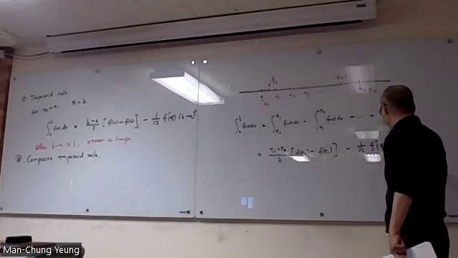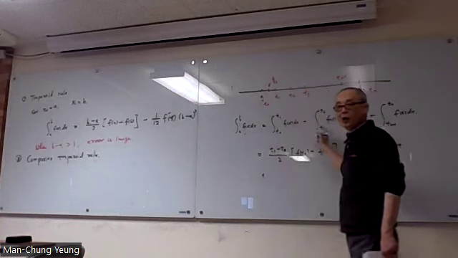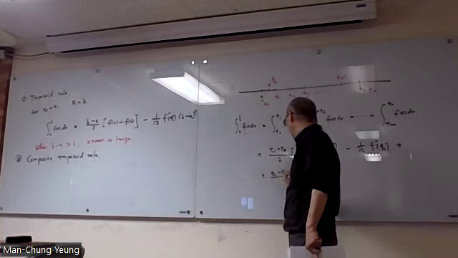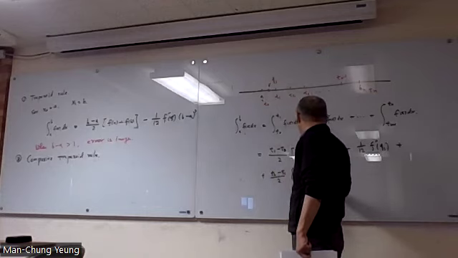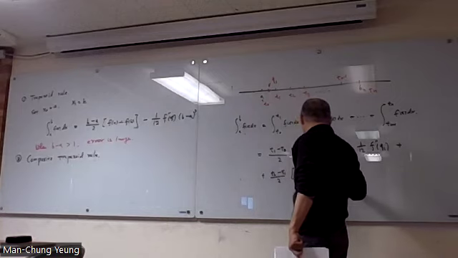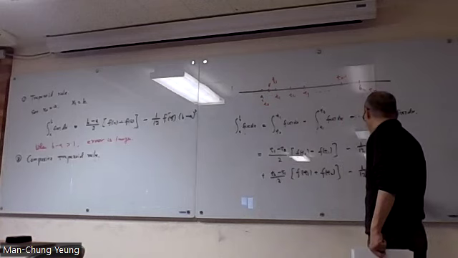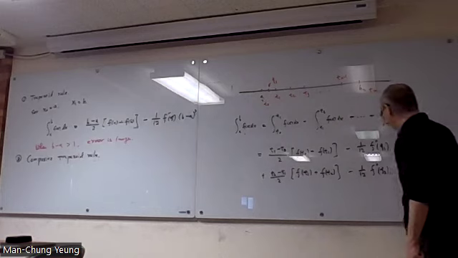Now plus the trapezoid rule here: (T2 minus T1) over 2 times (F at T1 plus F at T2), and then minus the error with psi 2.